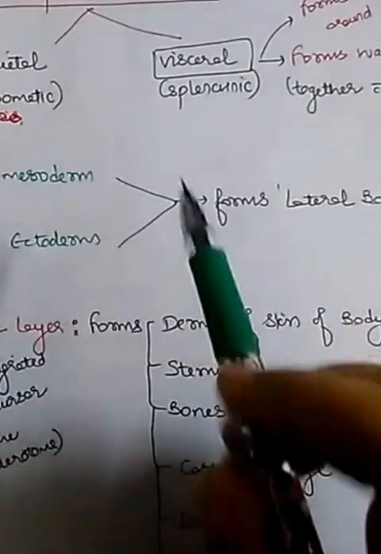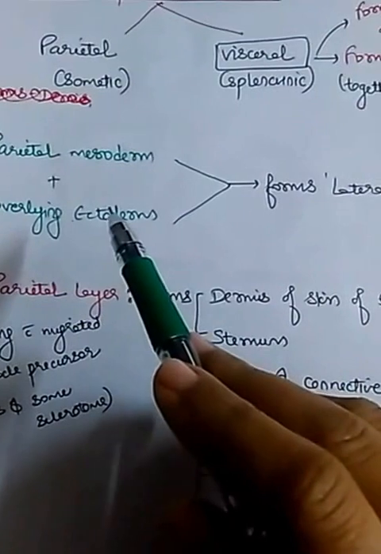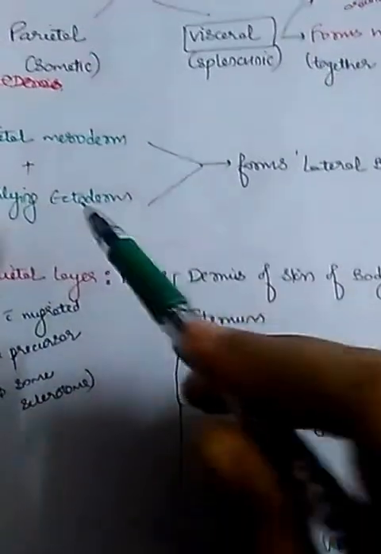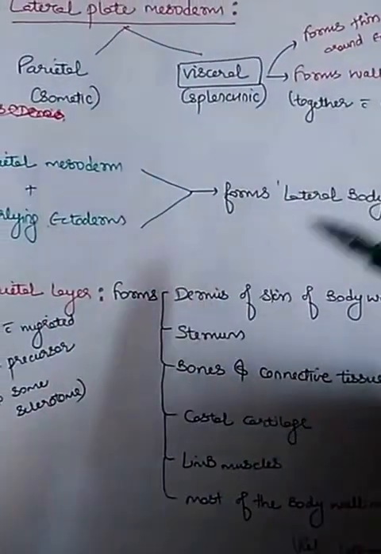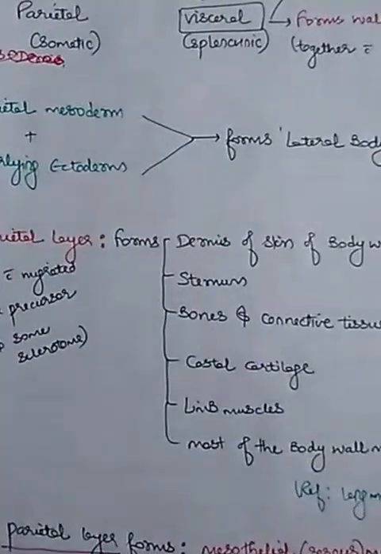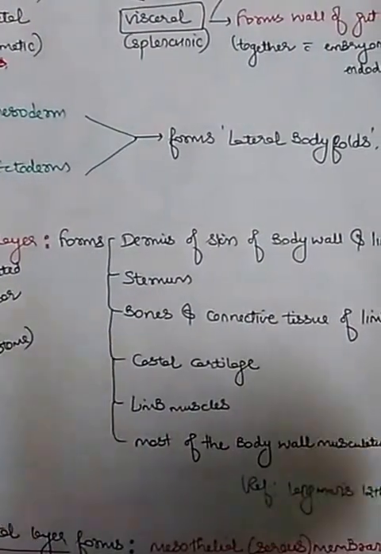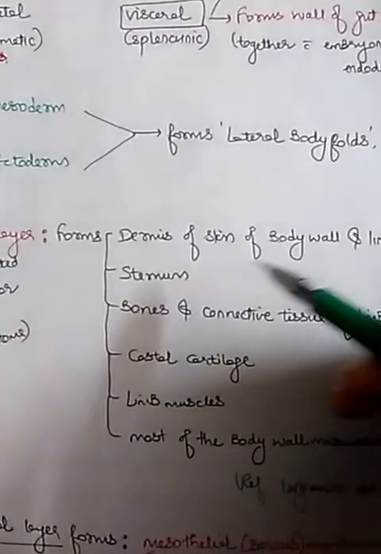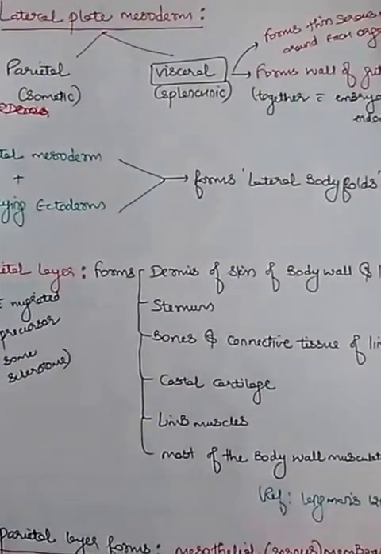So finally we can say that lateral plate has two layers, parietal and visceral. Parietal mesoderm along with overlying ectoderm forms the lateral body wall folds, and this parietal layer forms the dermis of skin of the body wall and limbs also. Sternum is formed from the parietal layer of lateral plate mesoderm.